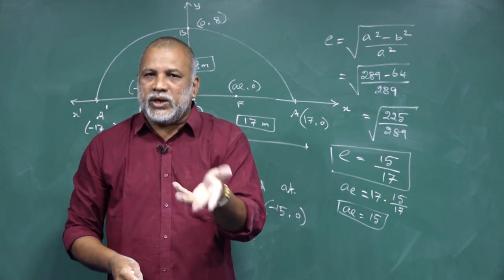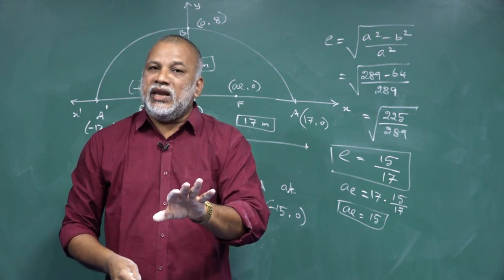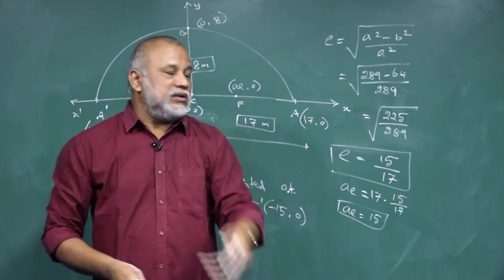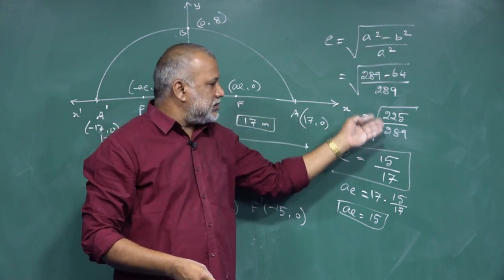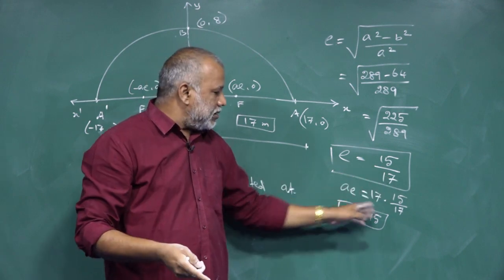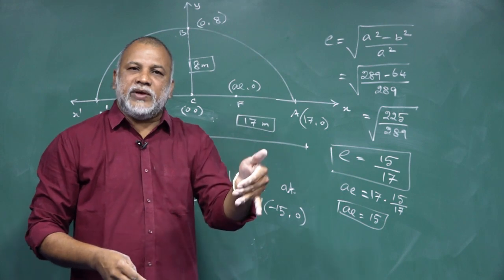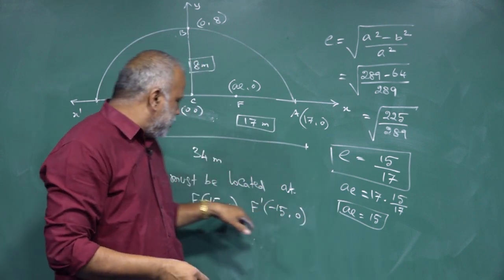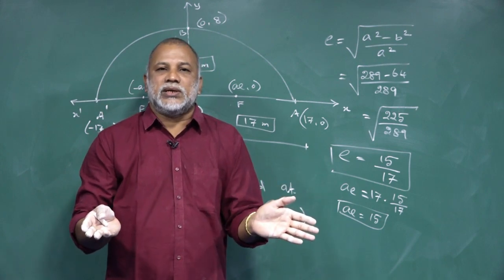Substitute a squared, 17 squared, 289, and b squared, 8 squared, 64. Then we need e, which is the square root of a squared minus b squared by a squared. Substitute, simplify, and we get 15 by 17. We need ae; 17 will be removed, and we get ae. Then F is (15, 0) and F dash is (-15, 0). These are the two foci.